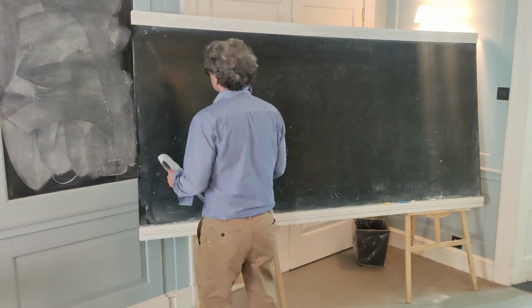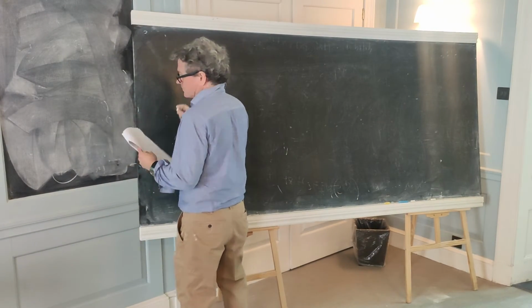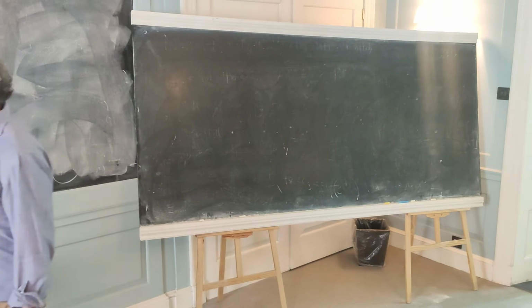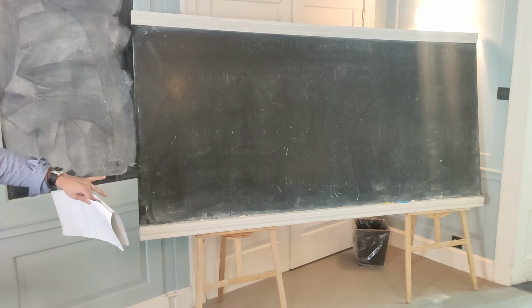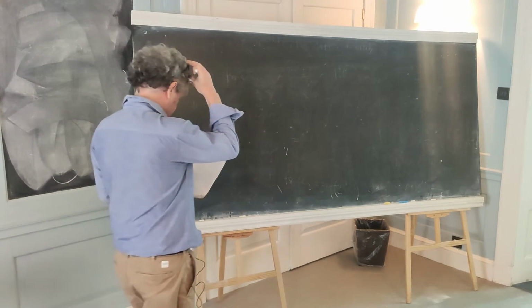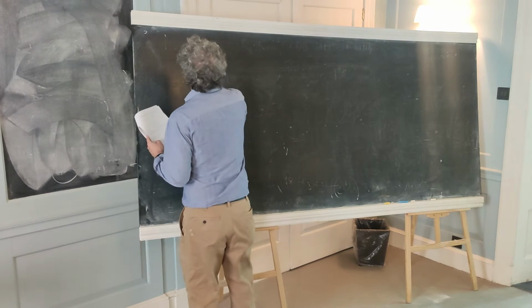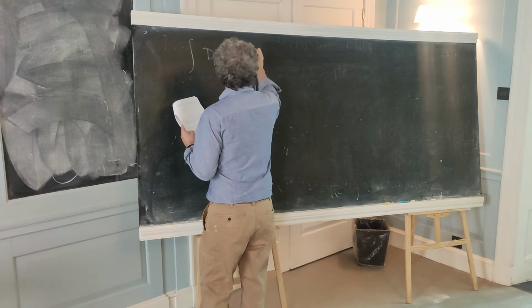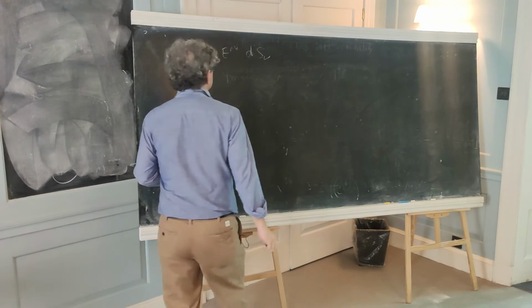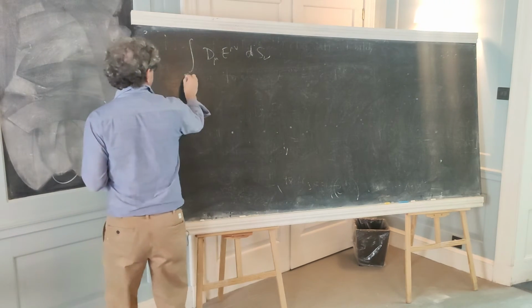Well, let's look at spatial surfaces. So codimension 2 surfaces. We're going to take a spatial slice. So that's codimension 1, and then we're going to go out to infinity on it. So that's codimension 2. Well, on a spatial slice, D^μ E_μν and then I would have a dS_ν. Right? This is some spatial slice.